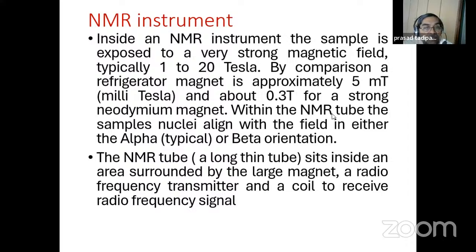Within the NMR tube, the sample nuclei align with the field in either alpha orientation or beta orientation. The NMR tube sits inside an area surrounded by a large magnet, a radio frequency transmitter, and a coil to receive the radio frequency signal.